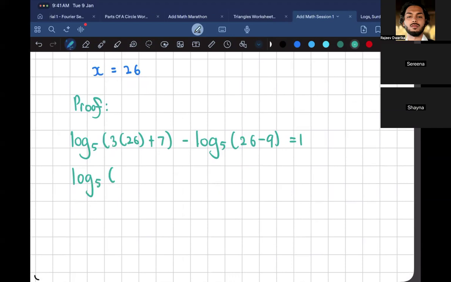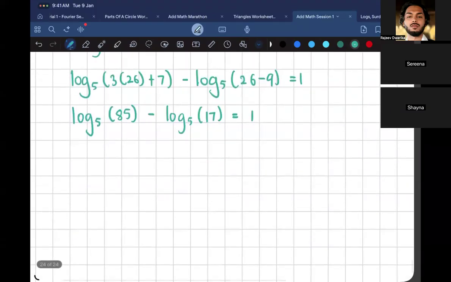If I do some mental maths, I'm looking like 78. And 78 plus 7 is 85. Just verify that. That's correct? Yes, that's correct. Okay, cool. And that'll be minus log base 5 of 26 minus 9, that is 17. And that's supposed to be equal to 1.